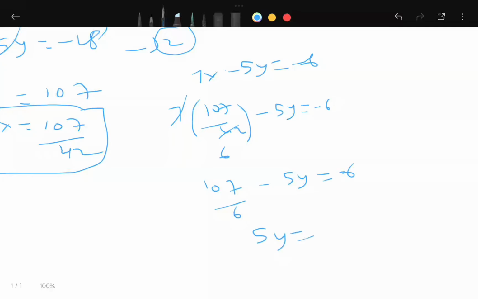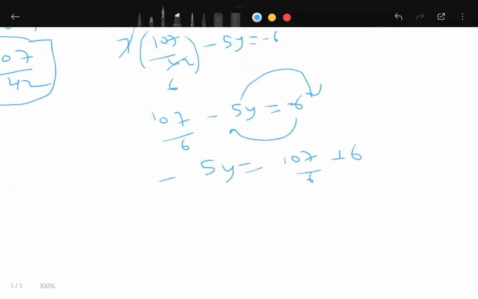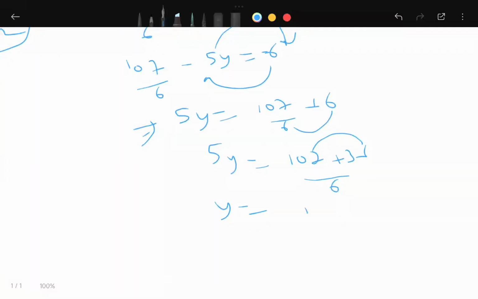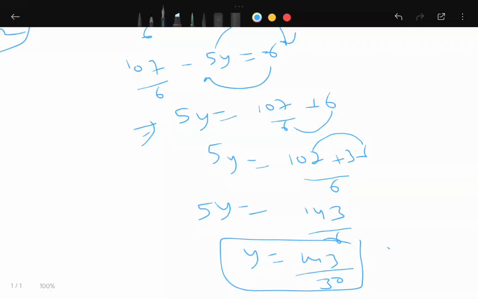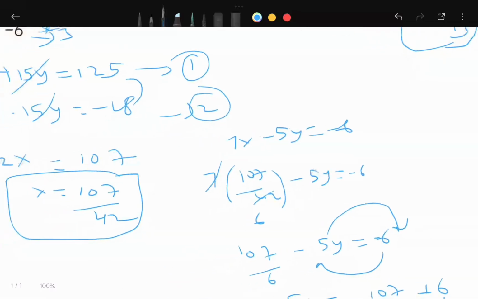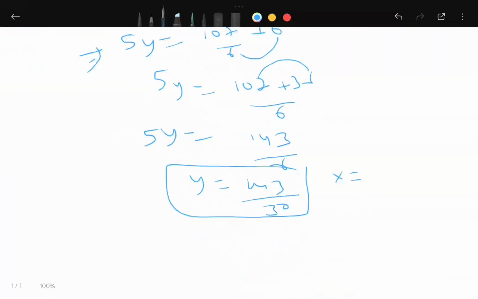If we bring 5y to the right-hand side and minus 6 to the left-hand side, 5y equals 107 by 6 plus 6, which is 107 plus 36 by 6. 107 plus 36 is 143 by 6. So 5y equals 143 by 6, and y equals 143 by 30. And x equals 107 by 42.